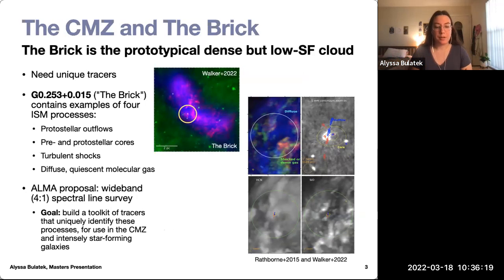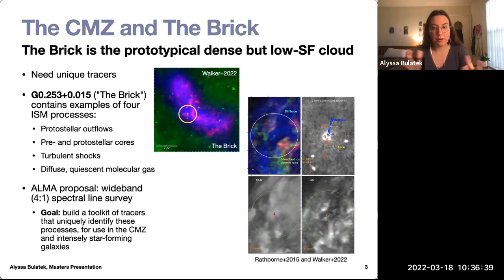We might not be able to see those molecules somewhere in the galactic disk where things are a lot less dense, a lot less extreme. But in high density areas, like in the center of the Milky Way, in the CMZ, we might be able to find useful tracers for each of these processes there.